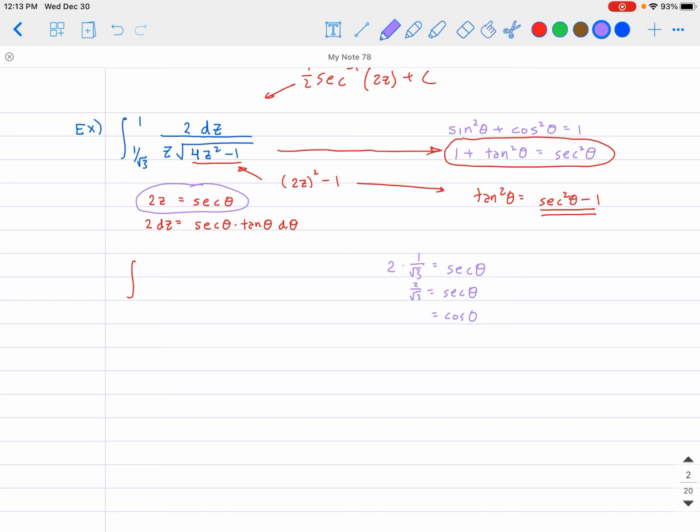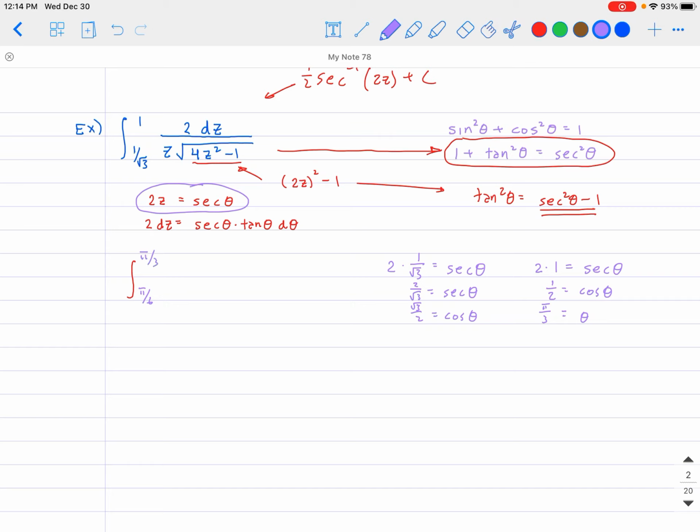So that means that cosine of theta is equal to root 3 over 2. So that tells me my lower bound is going to be pi over 6 then. And similarly, my upper bound, it's 2 multiplied by 1 is equal to secant of theta, because that's my substitution. So let's see, 1/2 is equal to cosine of theta. So that means that theta is going to be equal to pi over 3. So that is going to be my upper bound.